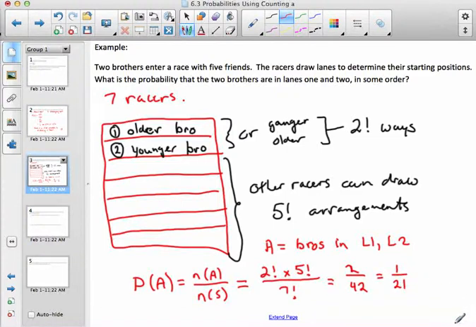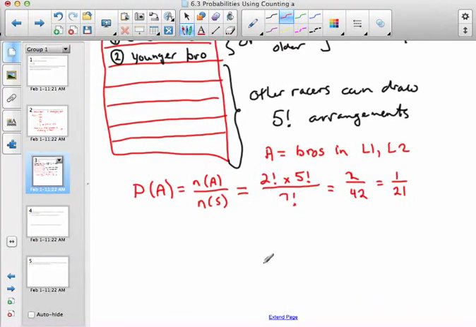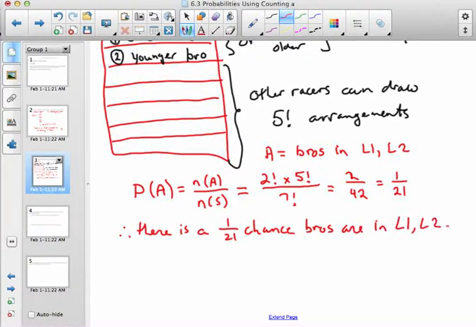Okay? So that deals with our arrangement, and if you do that in your calculator, you'll get a decimal or a percentage. Therefore, there is a 1 in 21 chance the brothers are in lane 1 and lane 2.